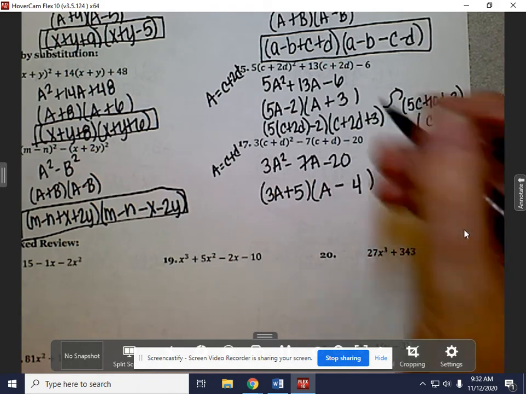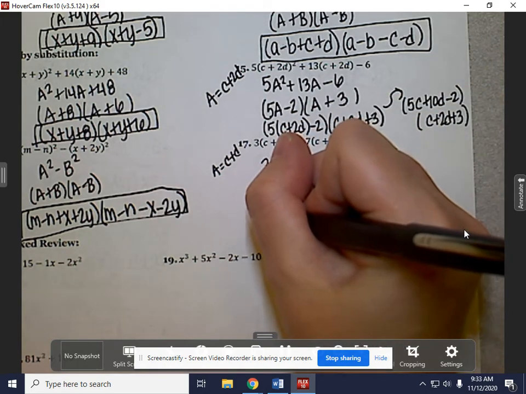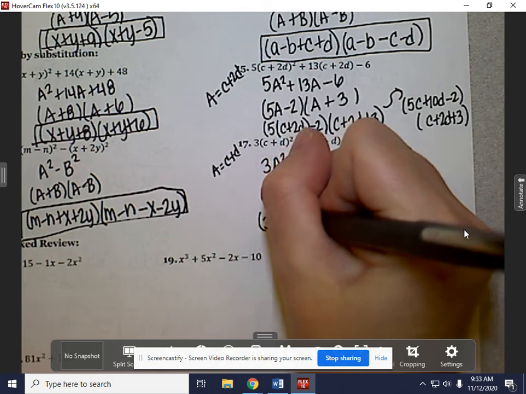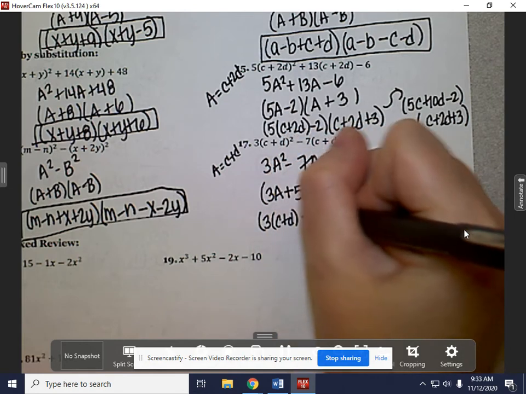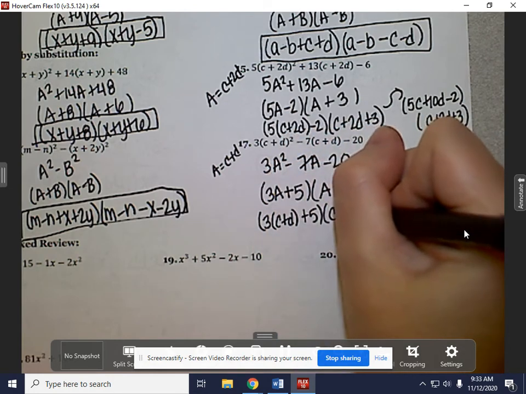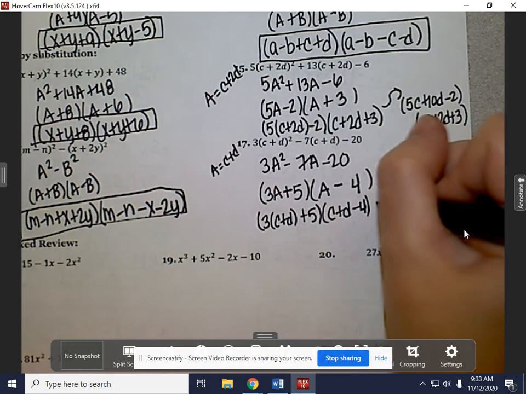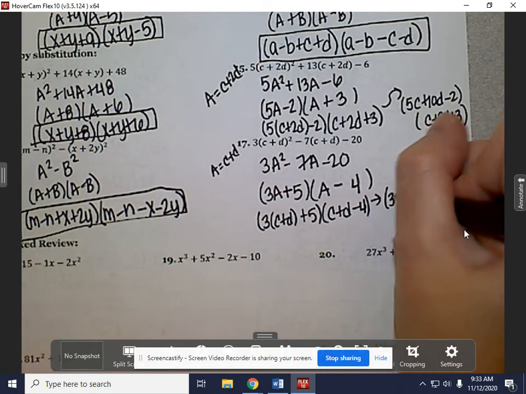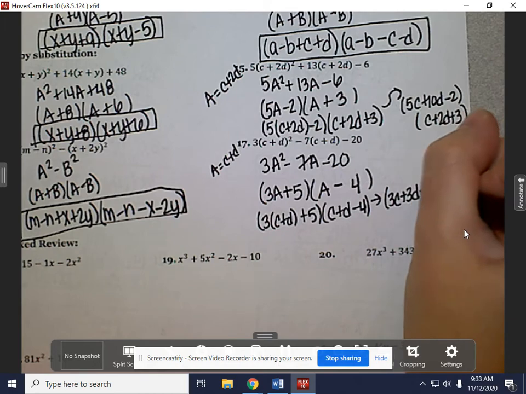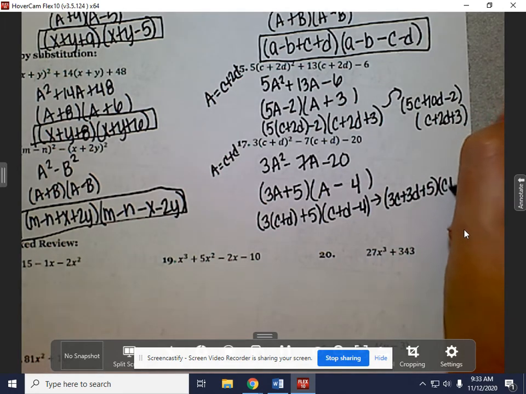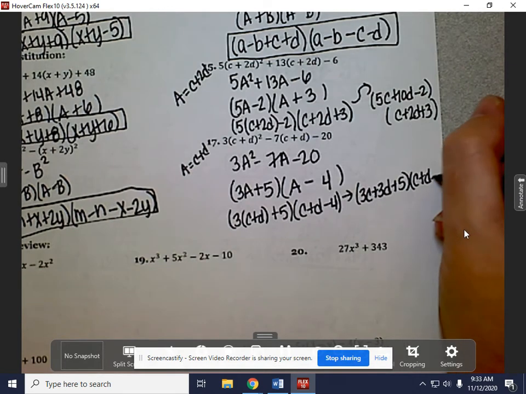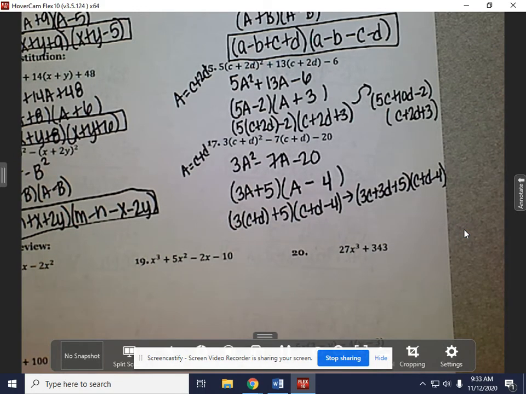And then once it's factored, you just throw your binomial back in. So it would be 3 times (c plus d) plus 5, and then (c plus d) minus 4. So my final answer would be (3c plus 3d plus 5)(c plus d minus 4). I'm trying to snug it in there at the end.